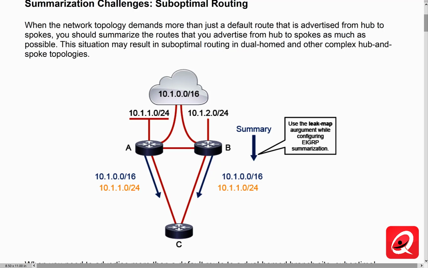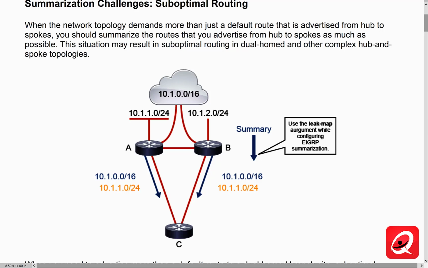It's not more bits. So summary routes may end up being less preferred simply because they have a shorter prefix length than the more specific routes. And if I'm learning a more specific route and I'm learning a summary route, I'm always going to choose the more specific route as opposed to the summary route.